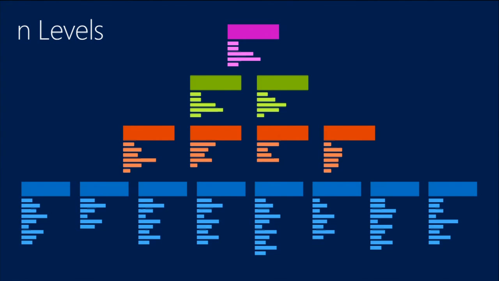The last feature is you can have multiple levels of portfolio backlogs. When we talked with our customers, we found that most customers have a backlog at the stories level, and they would have between 2 and 3 levels of hierarchy of backlog above it.